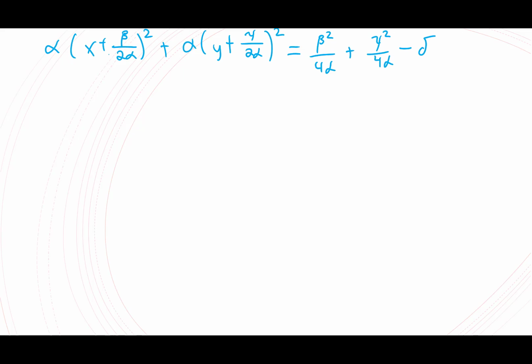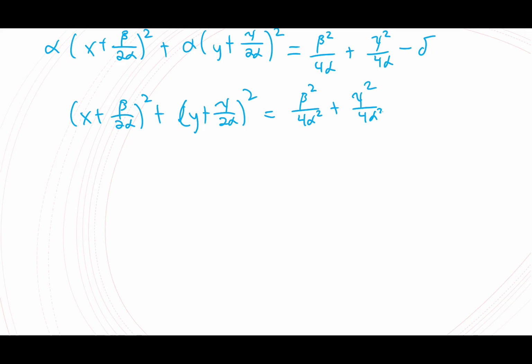Now let's divide both sides by alpha. What do we get? We get x plus beta over 2 alpha, squared, plus y plus gamma over 2 alpha, squared, is equal to beta squared over 4 alpha squared plus gamma squared over 4 alpha squared minus delta over alpha. Now, the left-hand side is great.